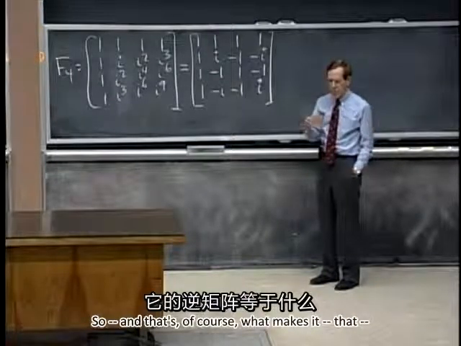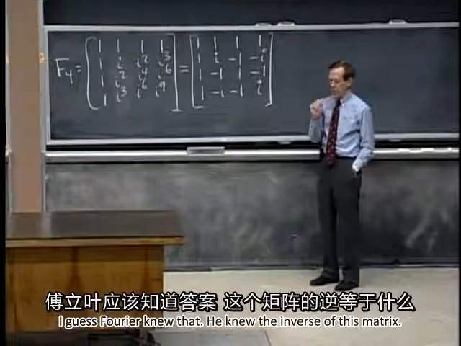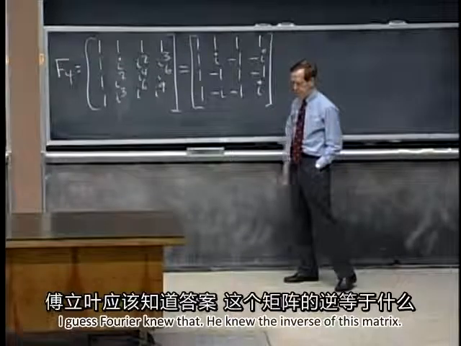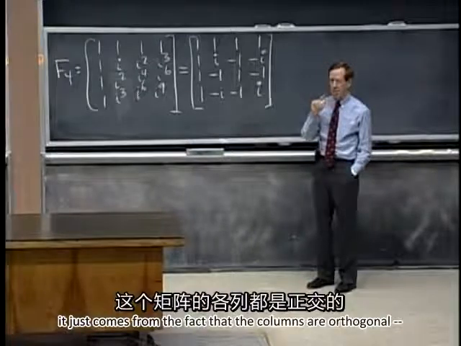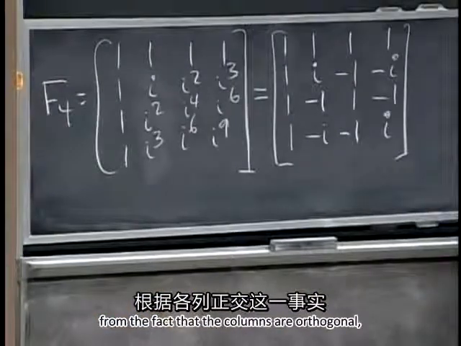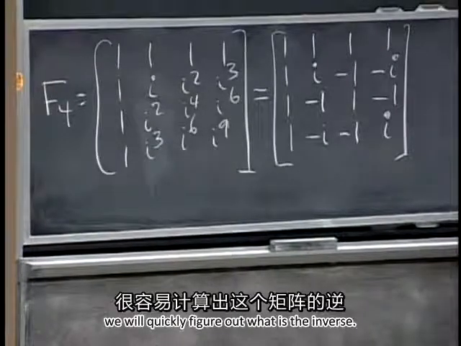And that's, of course, what makes it, I guess Fourier knew that. He knew the inverse of this matrix. As you'll see, it just comes from the fact that the columns are orthogonal. From the fact that the columns are orthogonal, we will quickly figure out what the inverse is.